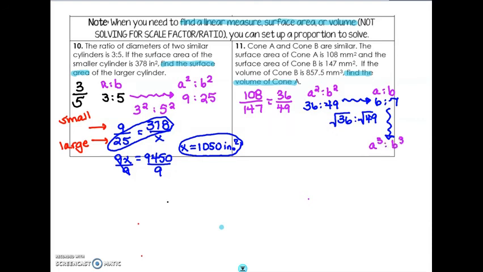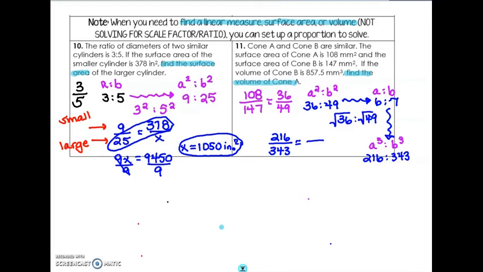Again, I go ahead and do 6 cubed, which comes out to be 216, and 343, which is what 7 cubed is. Now I'm going to use this in my volume ratio. So 216 over 343 equals my volume amount.